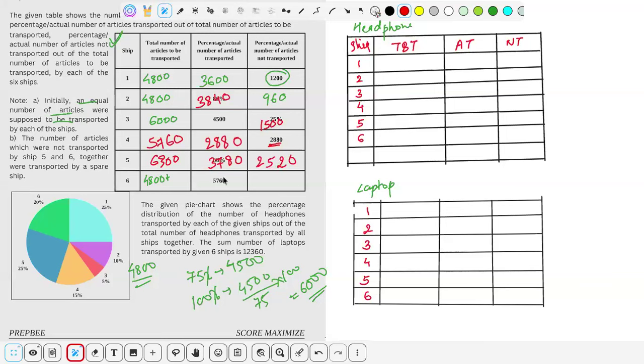Yeah, and in this sixth one case, जो भी फोर्थ का जो ट्रांसपोर्टेशन नहीं हुआ तो सिक्स वाला ट्रांसपोर्ट कर देगा. इट मीन्स हियर आई हैव टू ऐड 2880. So if I add 2880 here, I would simply get this value, that is 7680. तो इरेज करके मैं सही से लिख देता हूँ.